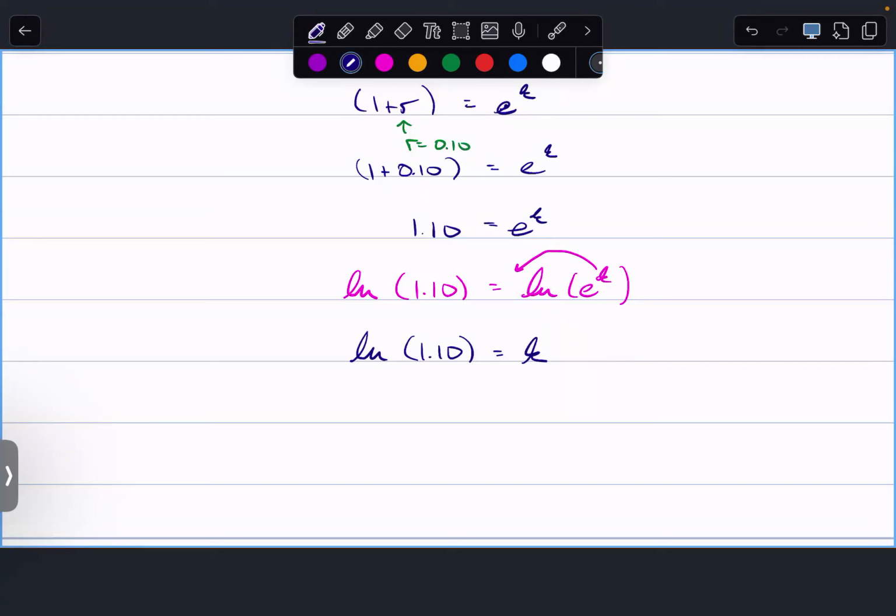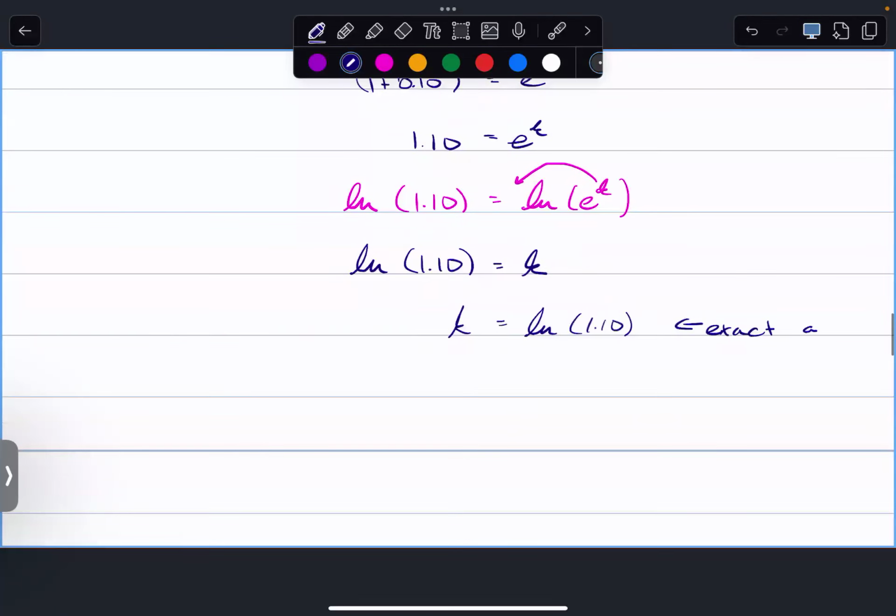And I'm not going to write the 1, because that's the reason I used log base e, was to ditch it. And there you have it. k is the natural log of 1.1. This is the exact answer.